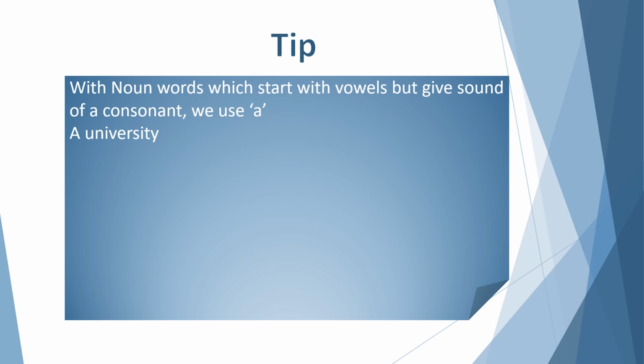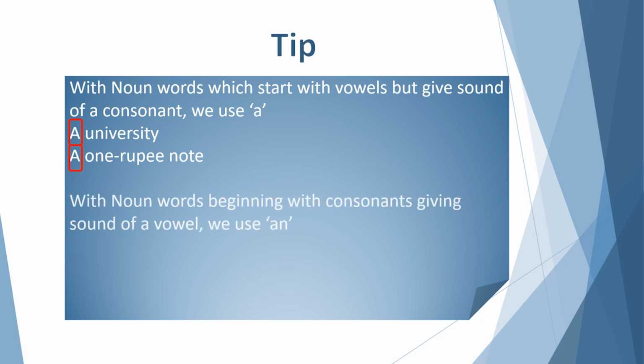So that is why before the word university we have used a. Similarly, a 1 rupee note. So despite that the word starts with o, it gives the sound of a consonant. That is why we have used a.